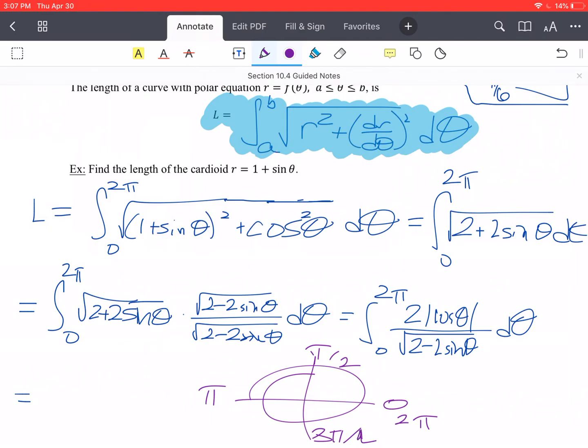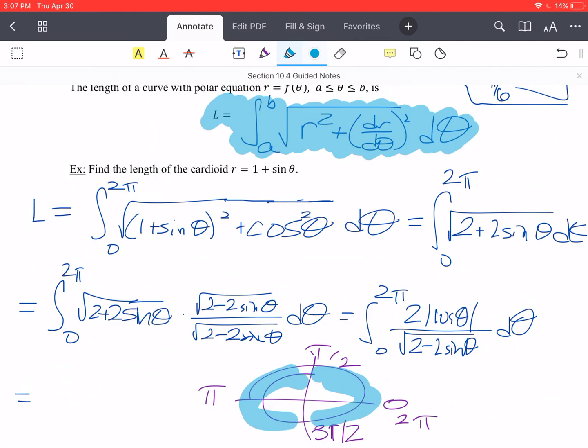On this unit circle, if we want to look at where cosine is positive and where it's negative, cosine is the x values. So x values are positive over here and negative over here.